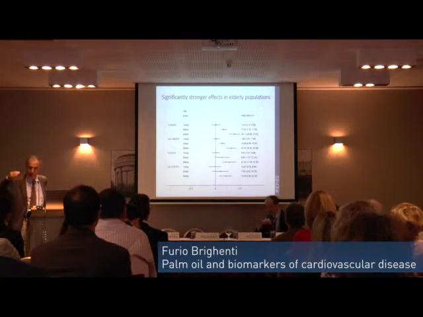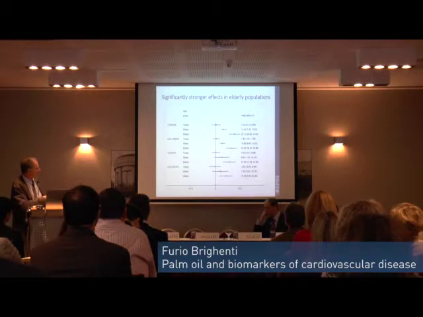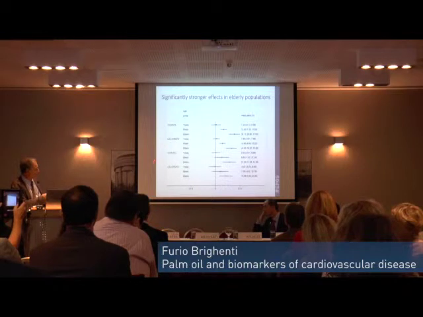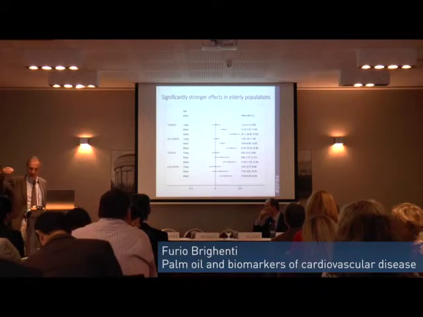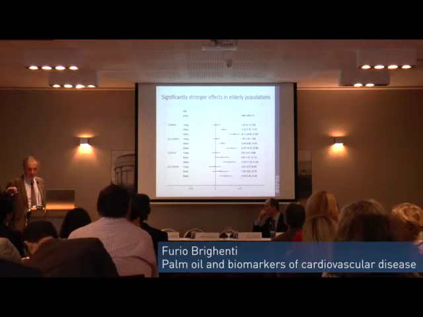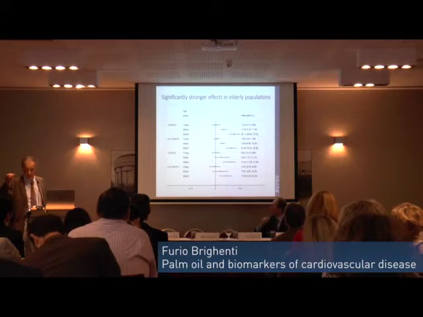population. So palm oil, looking at total cholesterol and LDL cholesterol for substitution of monounsaturated and polyunsaturated fatty acid, we can see for both markers that the increase, which is determined by palm oil, is age-related.